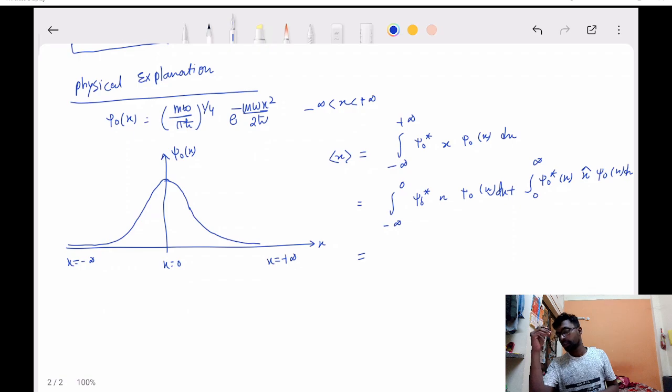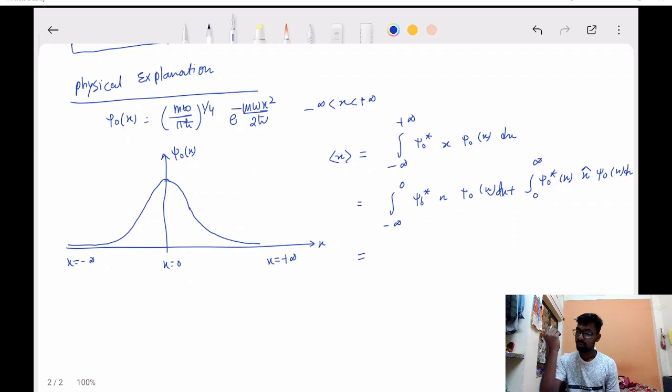Okay, so we get one negative value and another positive value. What is the meaning of that? It means the probability of finding the particle from minus infinity to 0 and from 0 to infinity are the same.